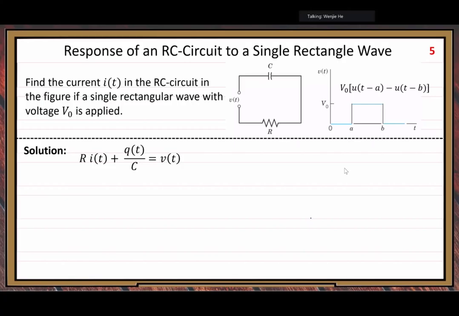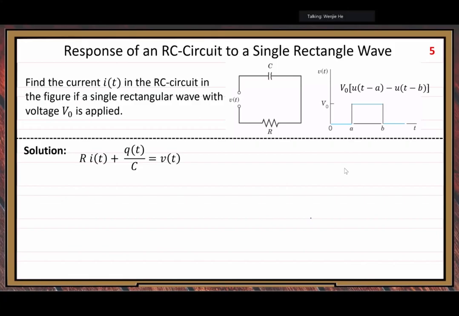That total amount is this little q function. The q function is calculated using an integral. Total charge, we have an integral formula. Integral of this little I function, we'll get a q function. All right. So this is our ODE.